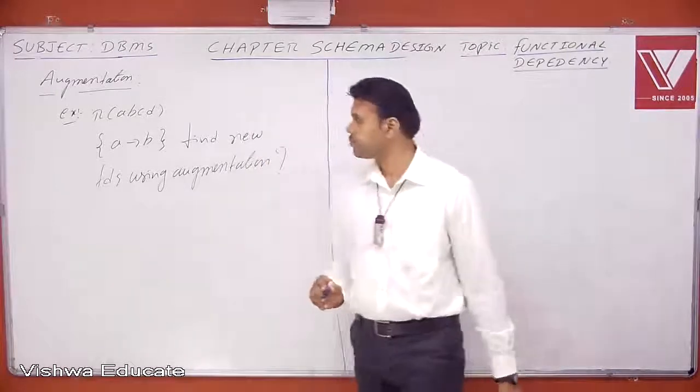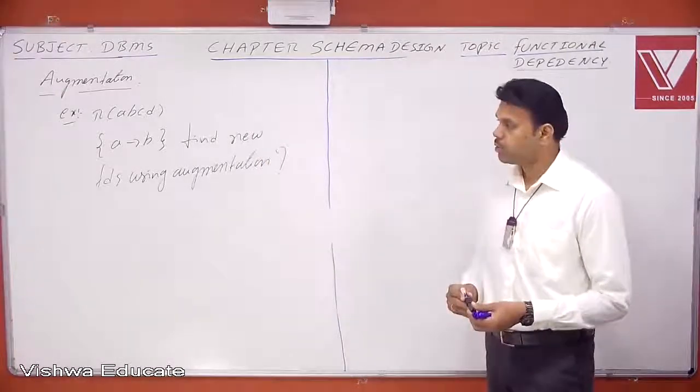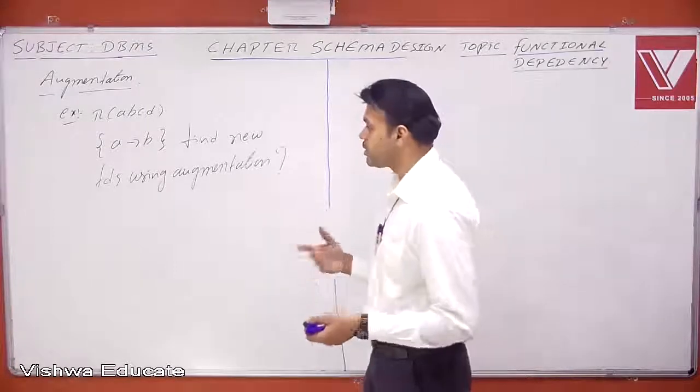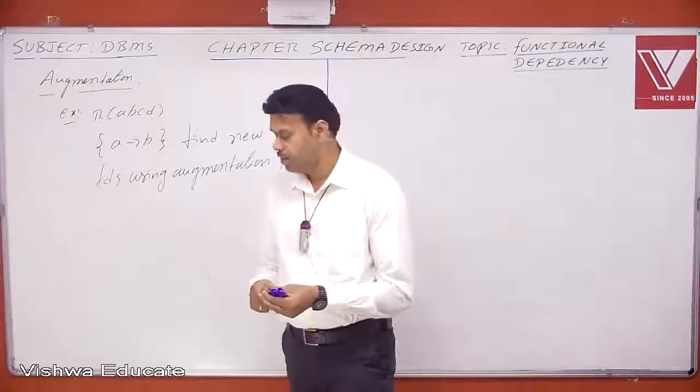R of ABCD and the production given is A tends to B. Find new functional dependencies using augmentation.